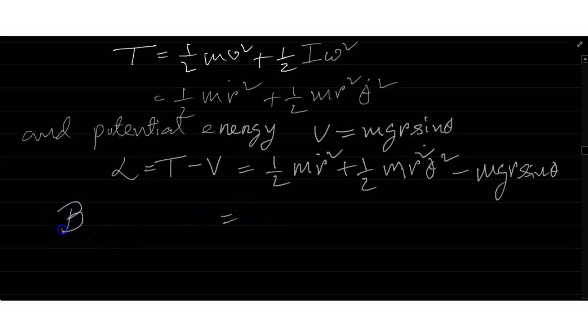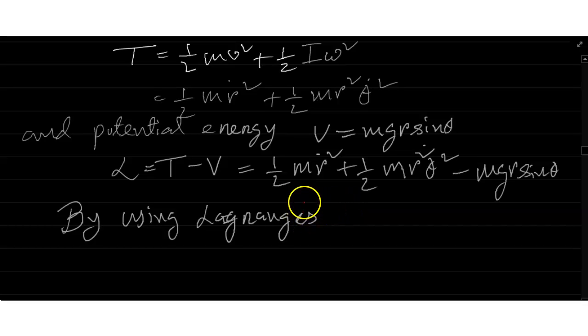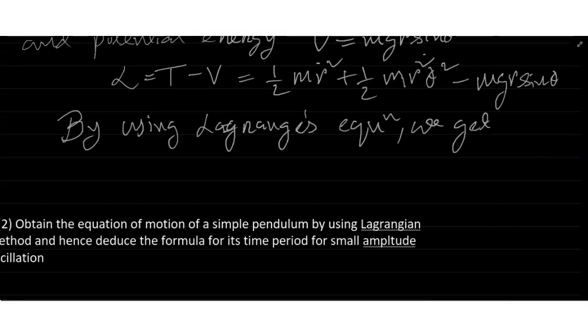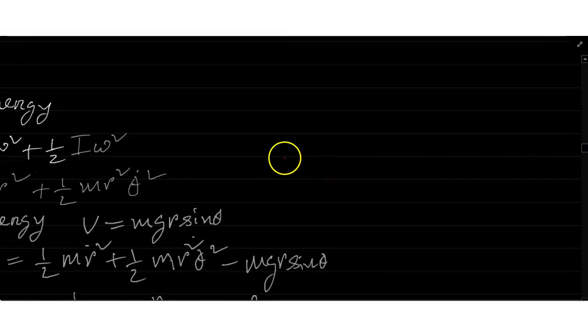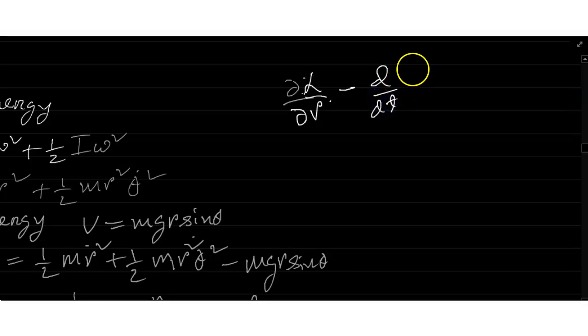By using Lagrange's equation, what is my Lagrangian equation? ∂L/∂r minus d/dt of ∂L/∂ṙ equals 0.